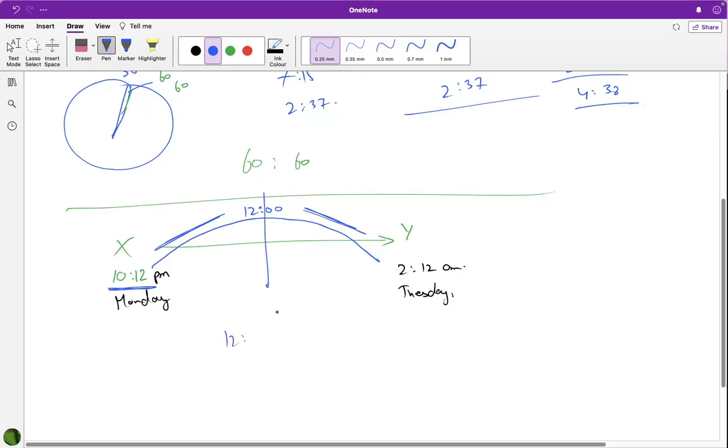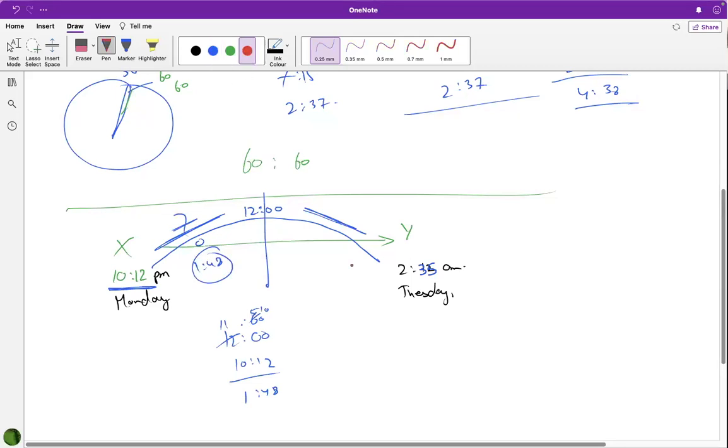So what I'll do, let me make it different, let me make it 2:35. So this is 12. I need to know what this time is: 12 minus 10:12. We take that carry. This is 11 and that becomes 60. 60 minus 12 is 48, and 1. So this is 1 hour and 48 minutes.